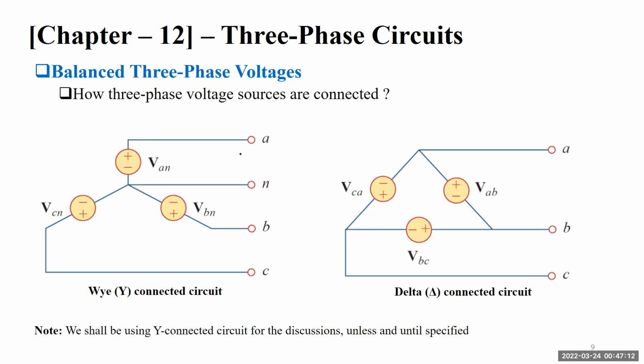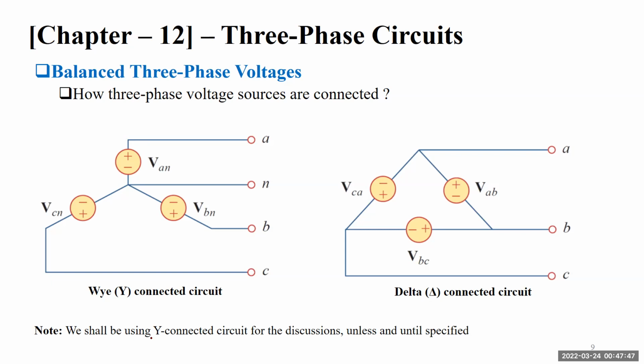Again, there are advantages and disadvantages of each of these connections, and we will see later how a Y connection can be converted to a delta connection, and a delta connection can be converted to a Y connection, and how we use these mechanisms to solve for different combinations of load attachments to these three-phase sources.